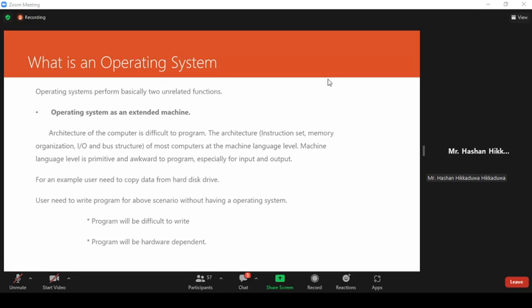The architecture of the computer is difficult to program. The architecture may be the instruction set, memory organization, I/O and bus structure of most computers at the machine language level, right? Machine language level is primitive and hard to program, especially for input and output.